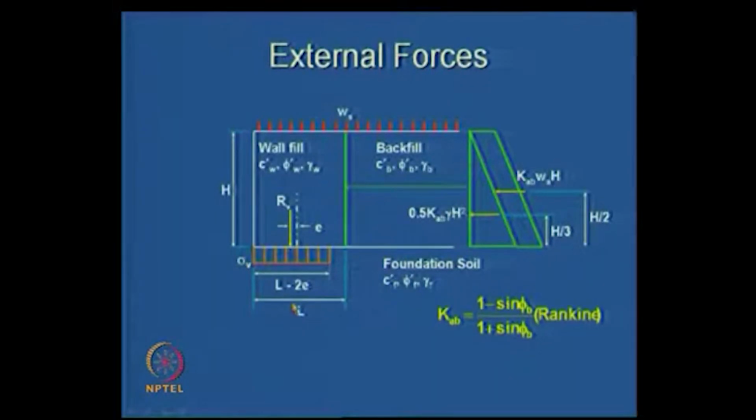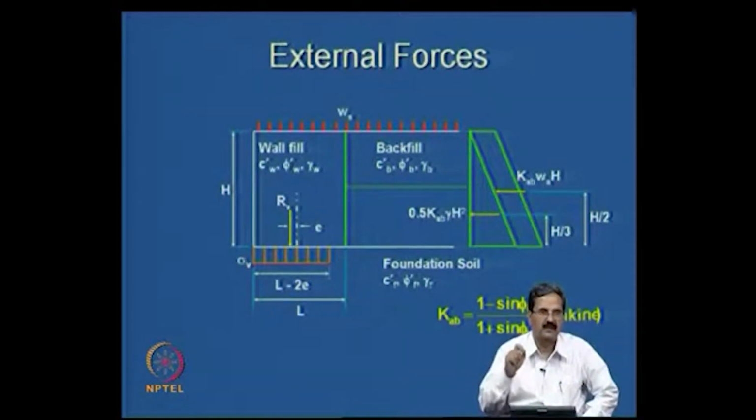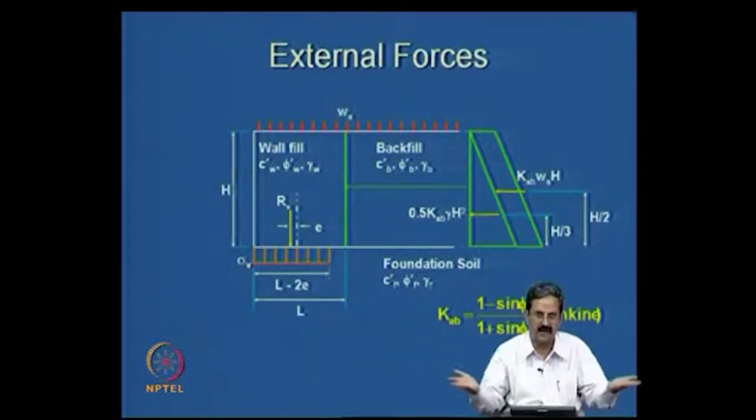We have a trapezoidal distribution, where you have a maximum pressure developed and then a minimum pressure developed, and we have that B by 6 rule, right? That B by 6 rule is very important, and here also a similar thing we measure, and that is called trapezoidal distribution. That is valid for stiff footings, rigid footings like concrete footings and all that.